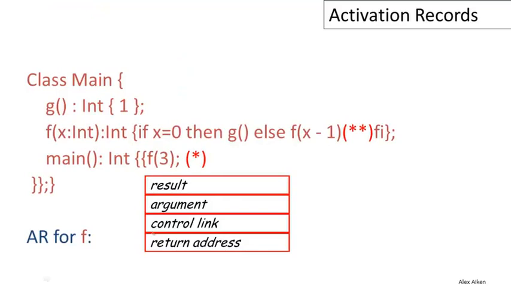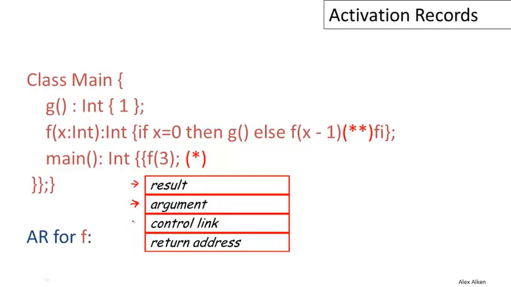So let's work through an example. Here's one of the programs that we looked at in the last video, and here is a design for a concrete activation record for the procedure F. We'll have one position for the result of F that will hold the return value after we've finished execution of F. There'll be a position for the argument to F. F only takes one parameter, so we only need one word to hold the argument.